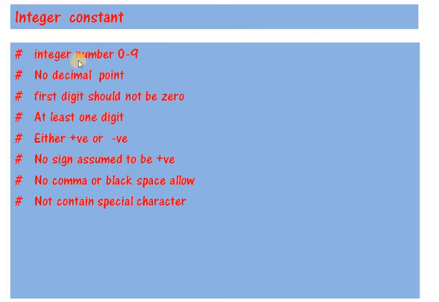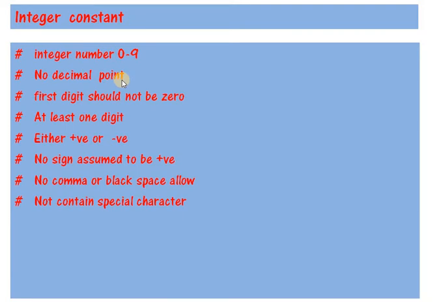Integer constant, integer number 0 to 9, means an integer constant is an integer value. It contains a sequence of digits from the set of 0 through 9. No decimal point: integer constants are whole numbers which have no decimal point.